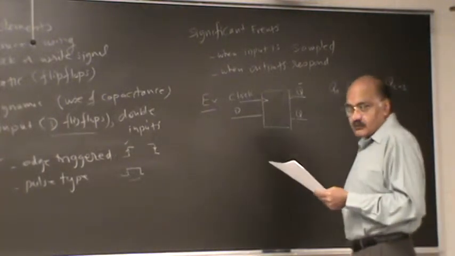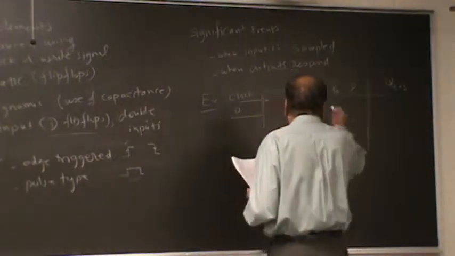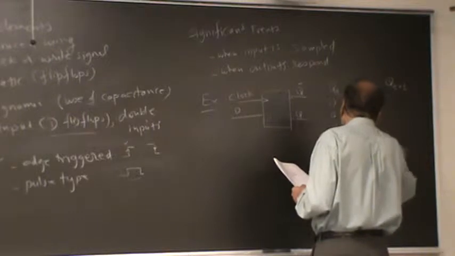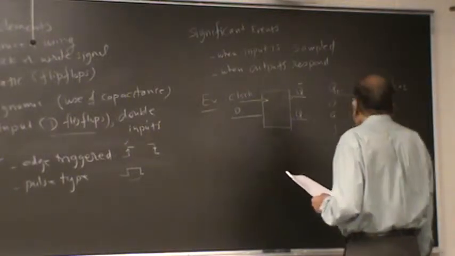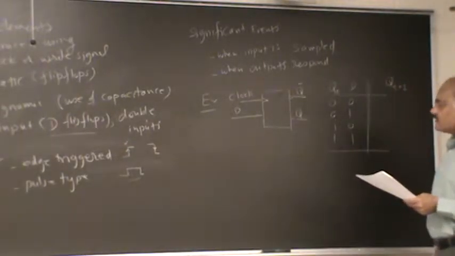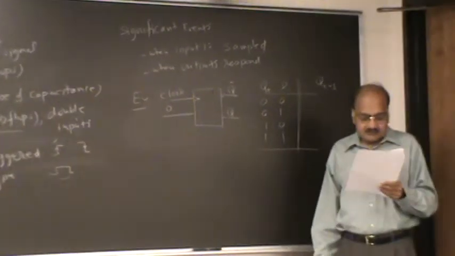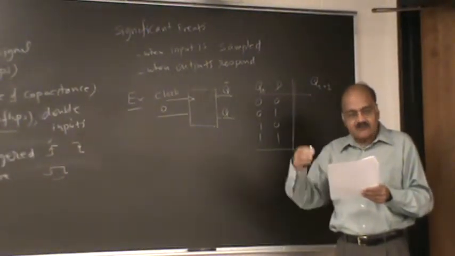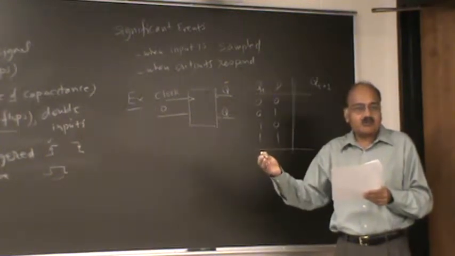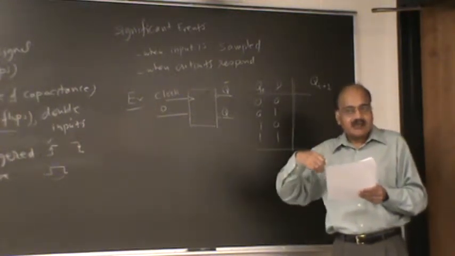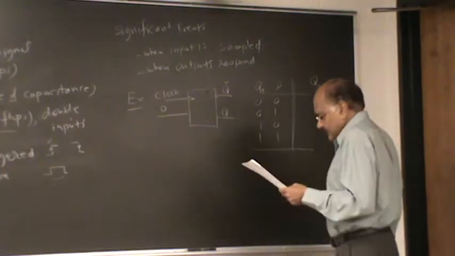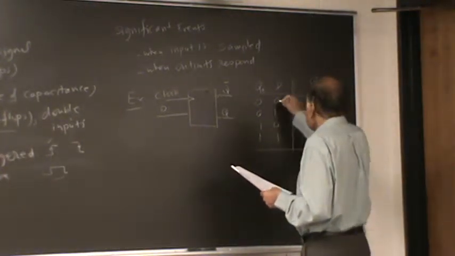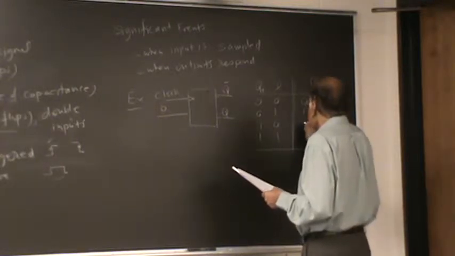So next value of Q, and as you will recall, output of a D flip-flop is going to be same as whatever is at the input, except it needs to wait for an appropriate transition of the clock. So whatever is the value of t here.